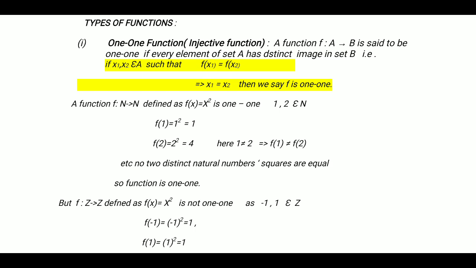Here the taken elements 1 and 2 are not equal, and we see that their images f(1) and f(2) are also not equal. That means no two distinct natural numbers' squares are equal, so we say that the function is 1-1.